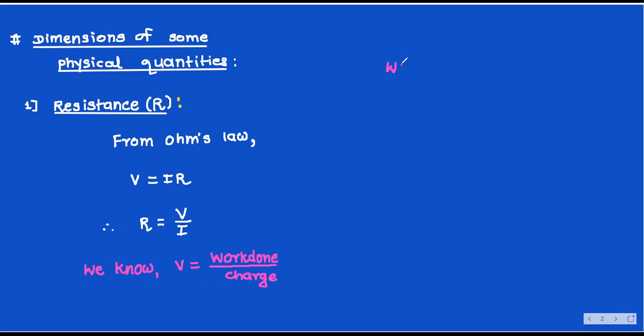And work is equal to force into displacement. Now can I write like this? Therefore R = (W/Q)/I, that is equal to W/(QI).